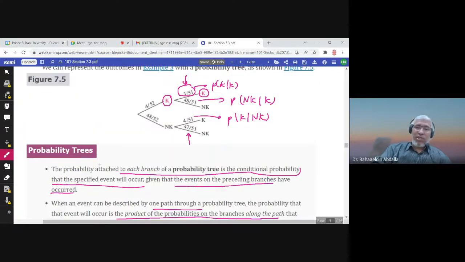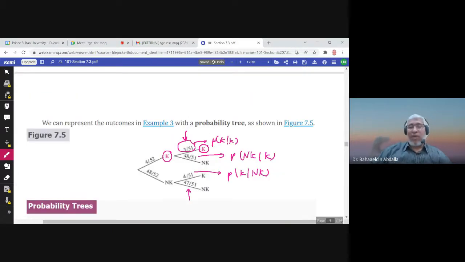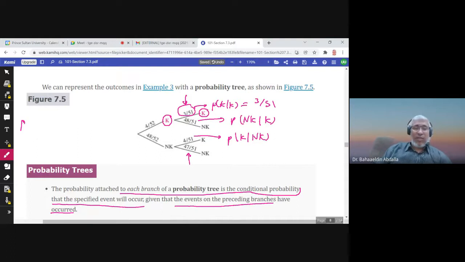So the probability of king, king would be, so probability of king given king is 3 over 51. But probability of king and king, not given, would be 4 over 52 times 3 over 51. So you need to distinguish between these two kinds of probabilities, all taken from the probability tree.